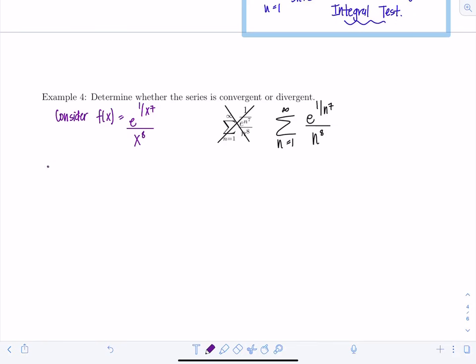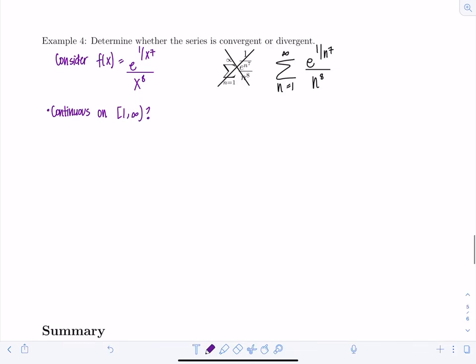Now, is it continuous on the interval from 1 to infinity? Well, what's the domain for this function? The only value for x that I'm not allowed to use would be 0, right? All x's such that x doesn't equal 0. So we're good on 1 to infinity, no problems there.